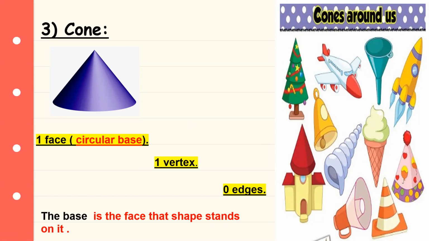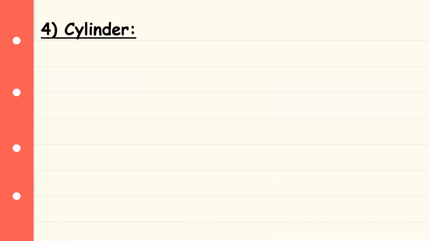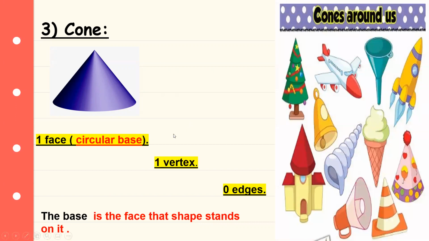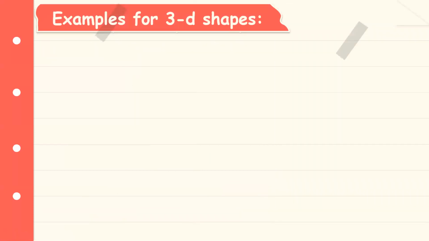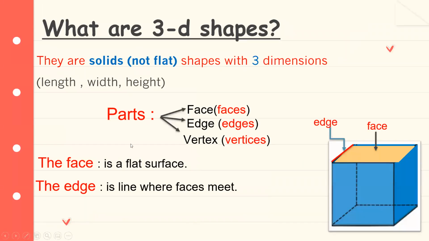Okay, how many edges? What is the meaning of edges? Let's review faces, edges and vertices again. The face is a flat surface. What is the edge? The edge is the line where two faces meet.